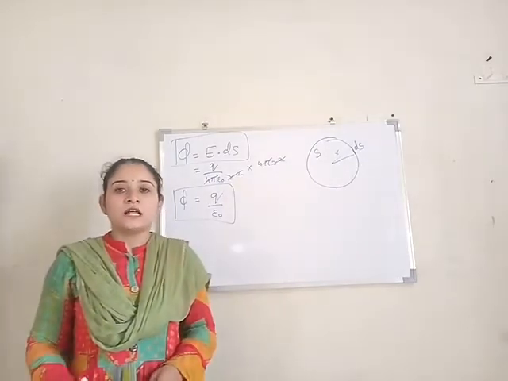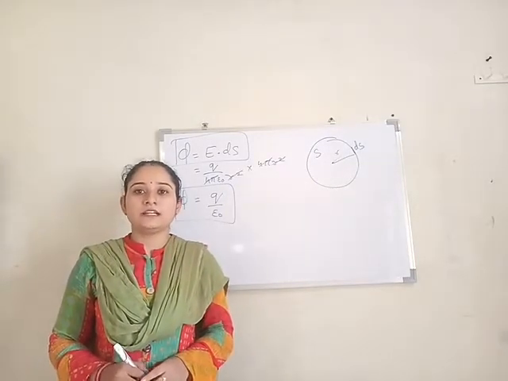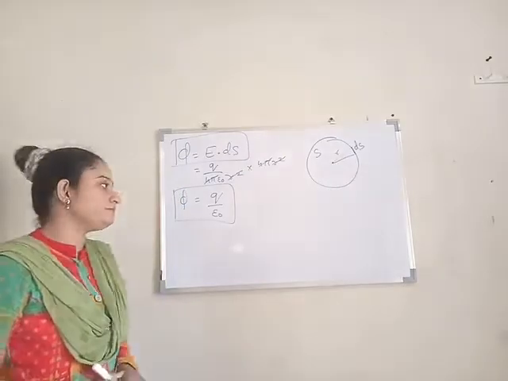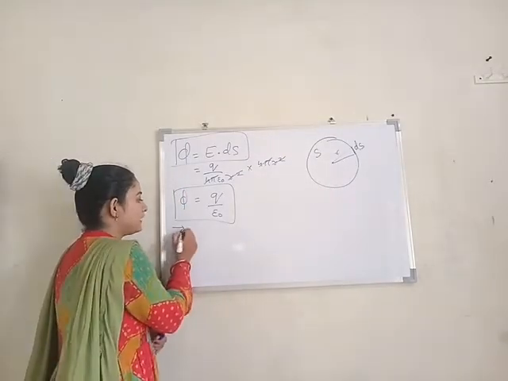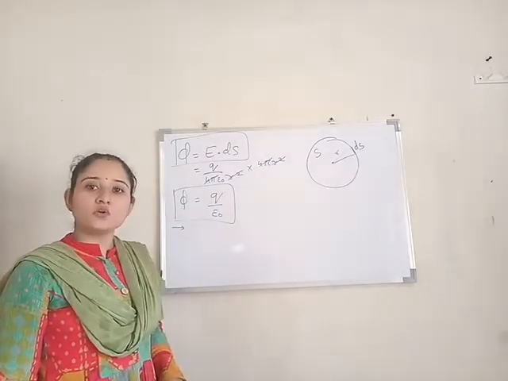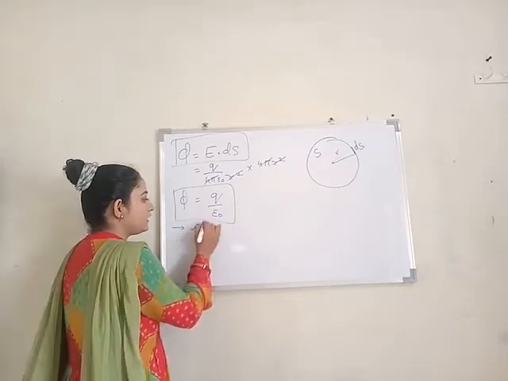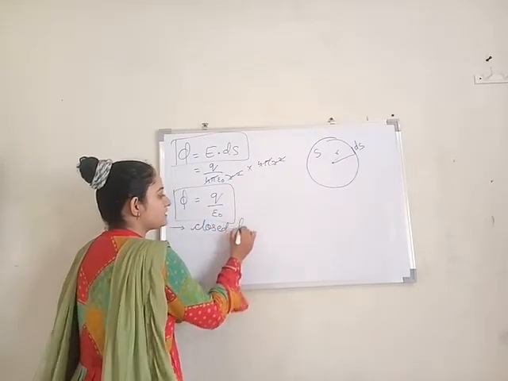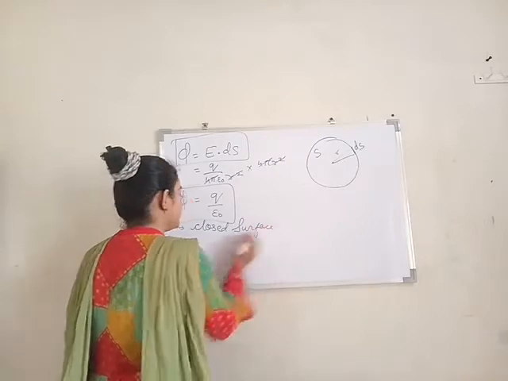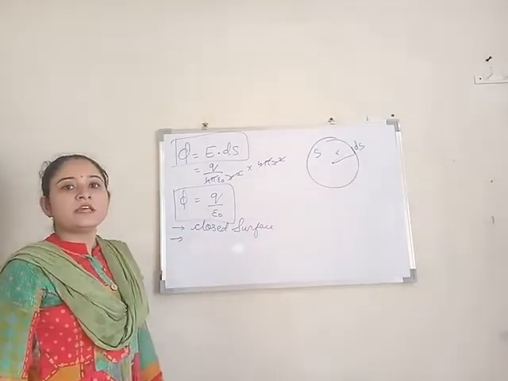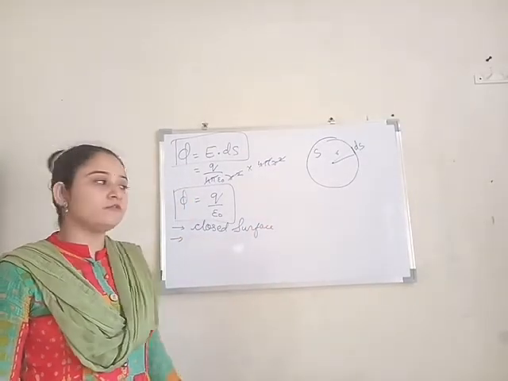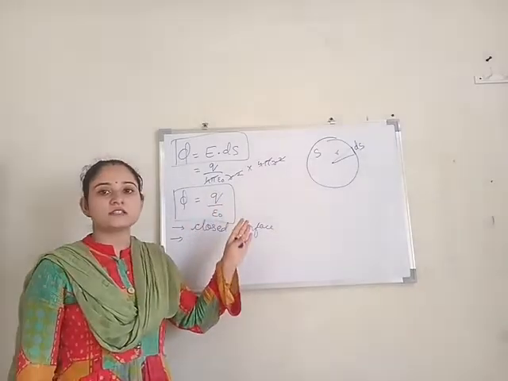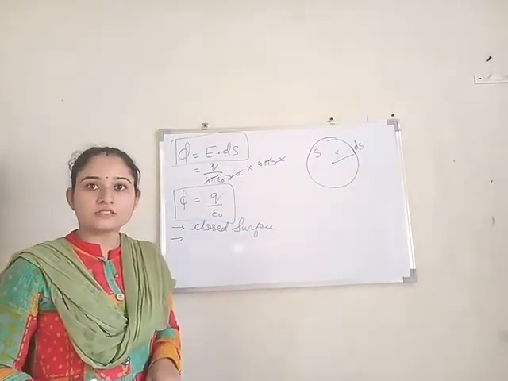There are different criteria for the Gauss law. First of all, it is only true for a closed surface. Second, we need to consider only the charges which are enclosed in the closed surface.